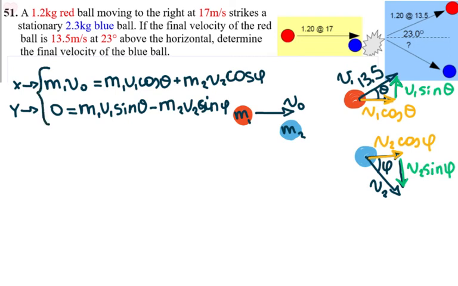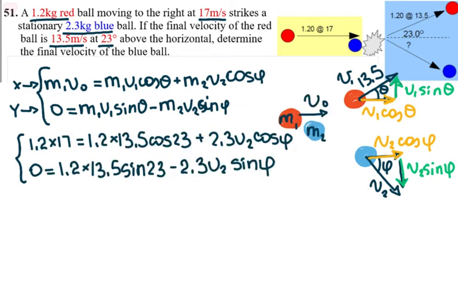I'm going to plug in my numbers into wherever is known. So I have m1 v sub 0, I have m2, and I have v1, and I have theta. So if I plug in the numbers, this is what I'm going to get.